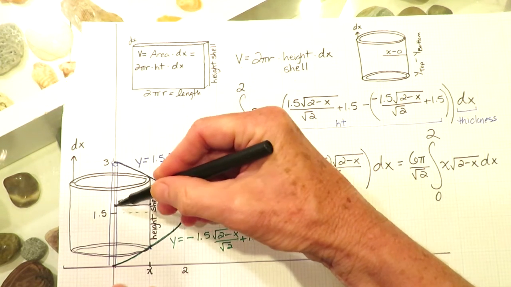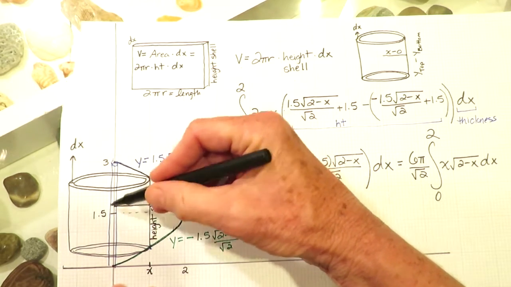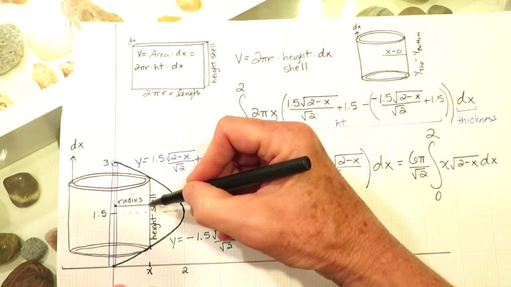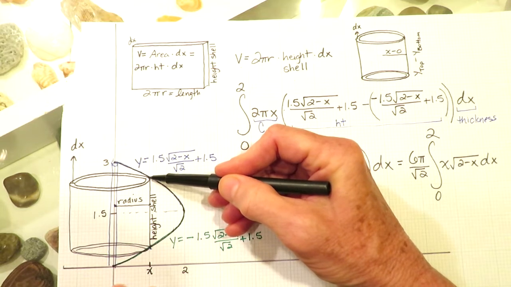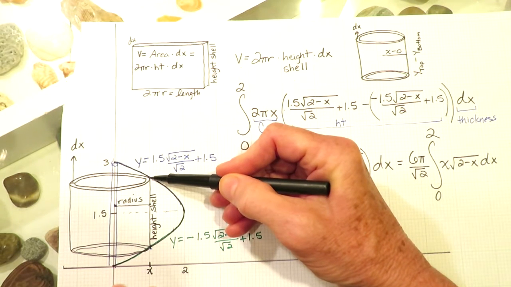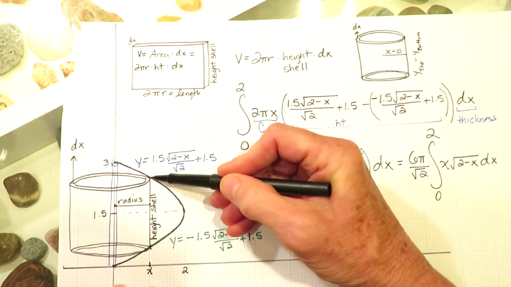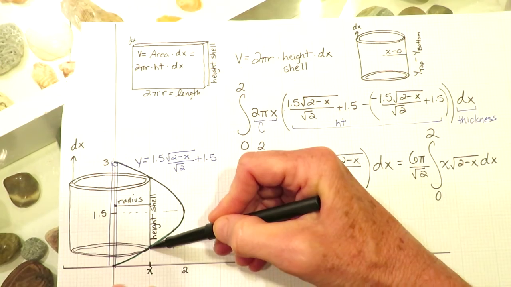So x minus 0 is x. That's my radius. So my radius is x. That's the length of this segment that I've drawn. The height of the shell is the difference between this upper y value and this lower y value. So upper y minus lower y is the height of the shell, or the width of the box.